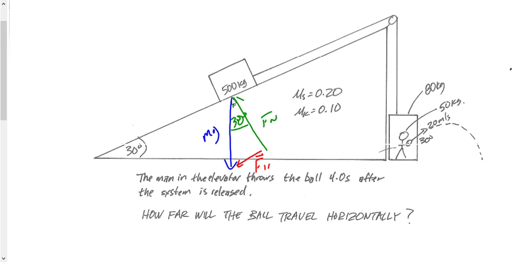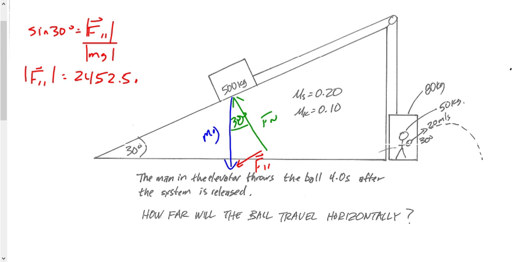Let's say sine 30 degrees is equal to F parallel over M times G, opposite over hypotenuse. So F parallel is equal to 500 times 9.81 times sine 30. I get a value for F parallel of 2,452.5 newtons.